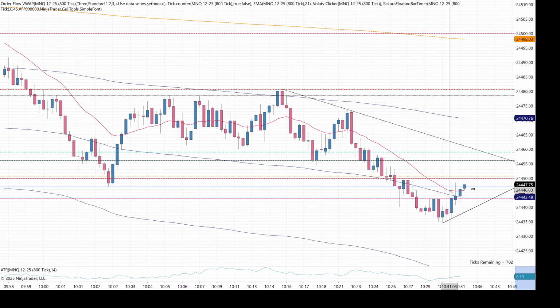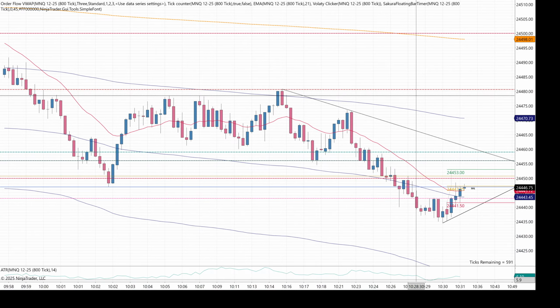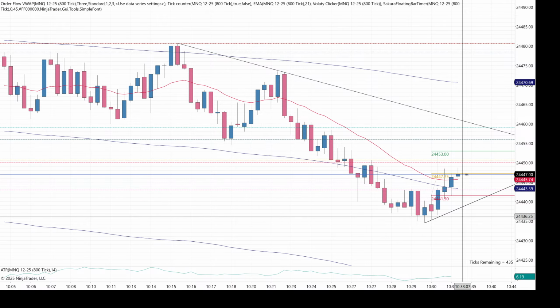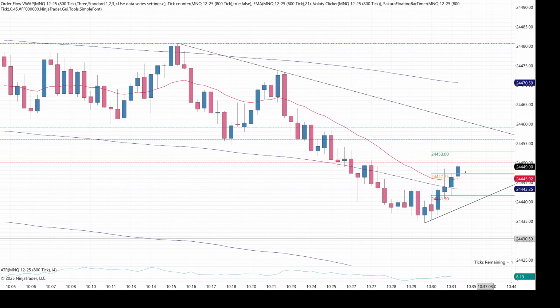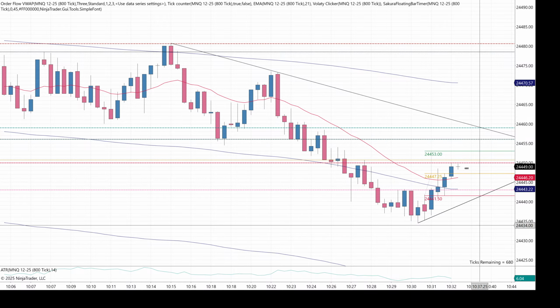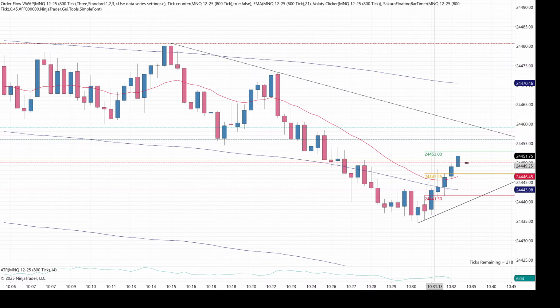So this is a trigger higher, but we do have some things in the way, so we did hit target.